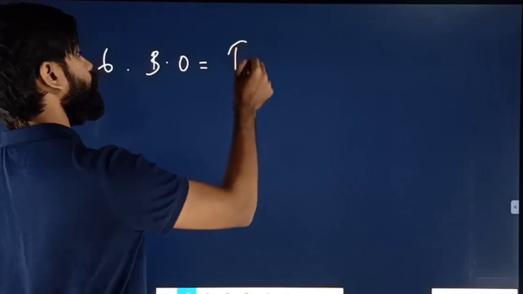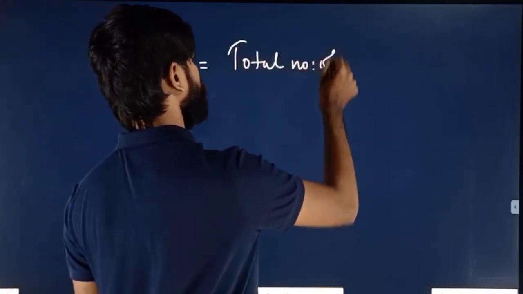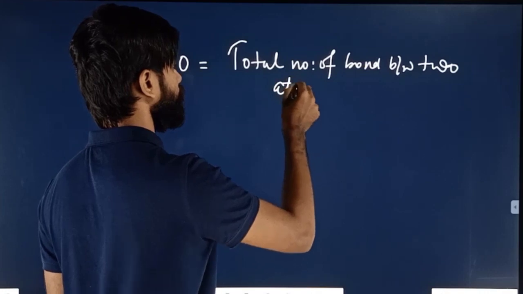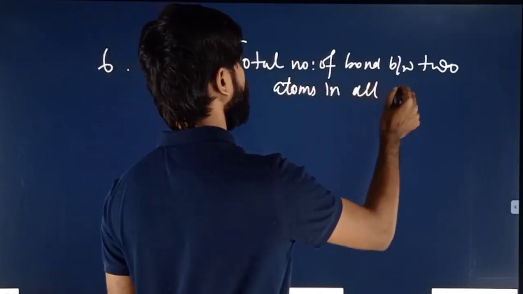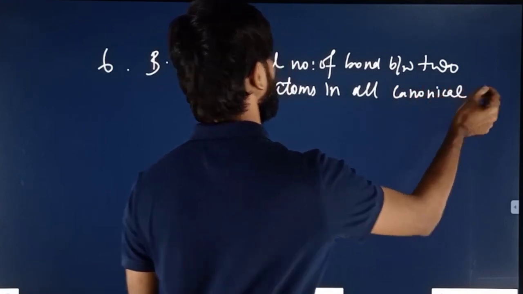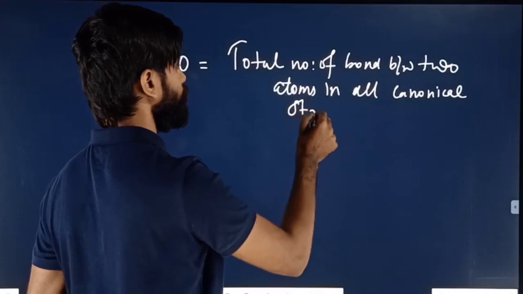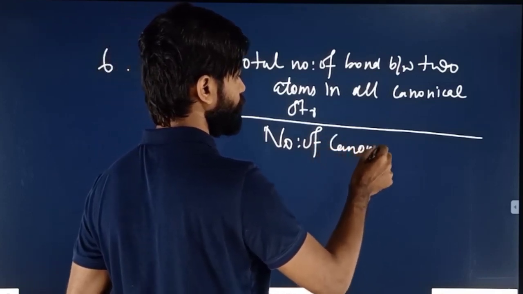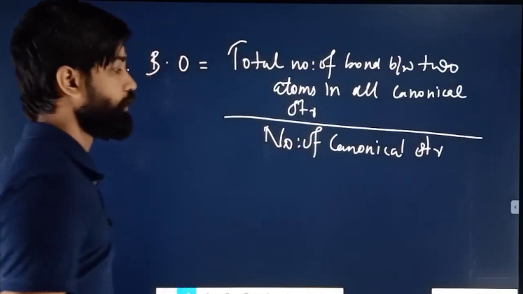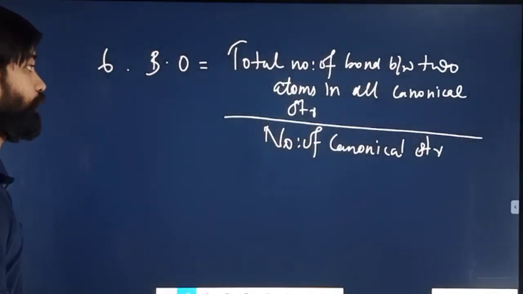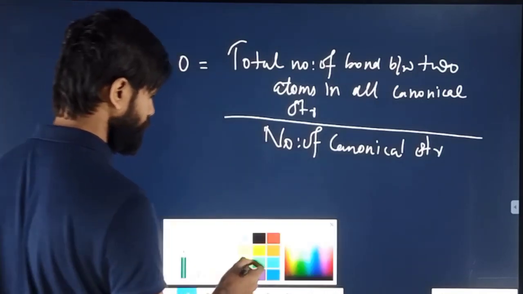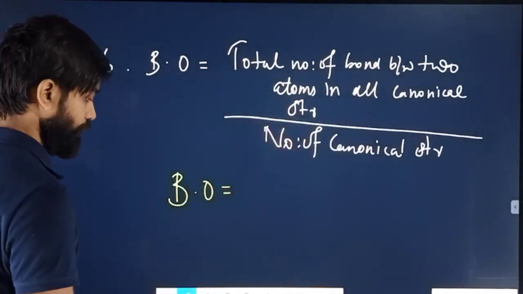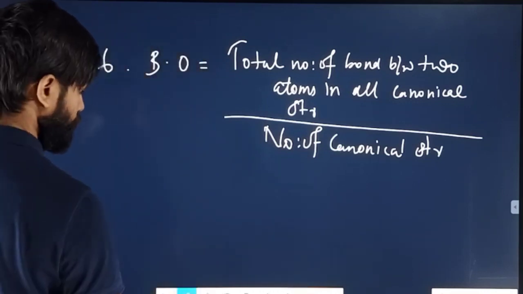Bond order is the total number of bonds between two atoms in all canonical structures, divided by the number of canonical structures. You obtain the bond order. Okay, listen. So bond order equals the total number of bonds between two atoms in all canonical structures divided by the number of canonical structures. Fine. Wait. I'll give you examples.